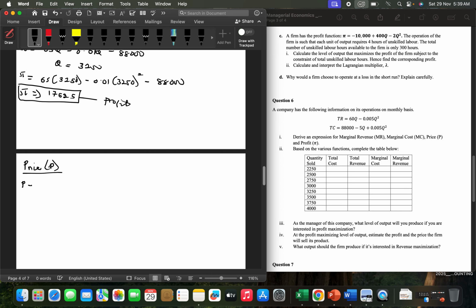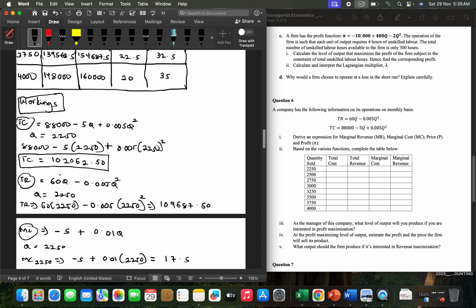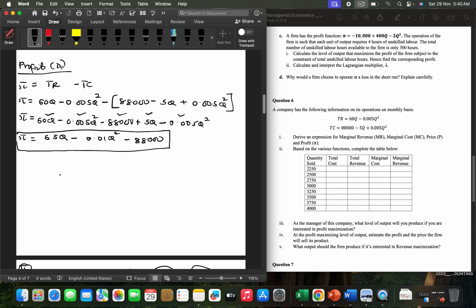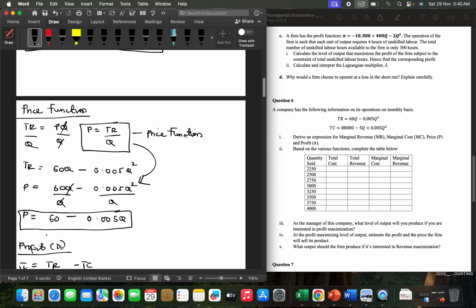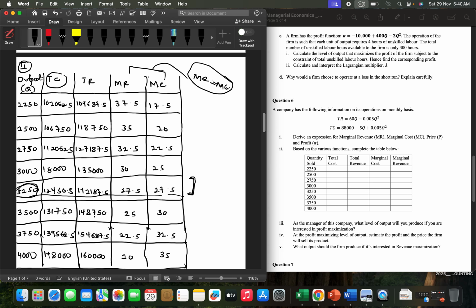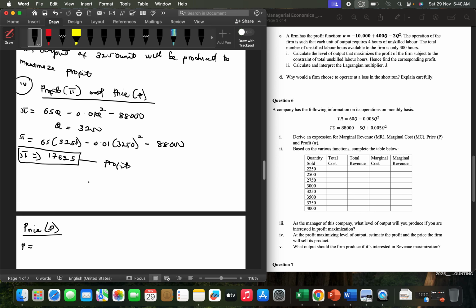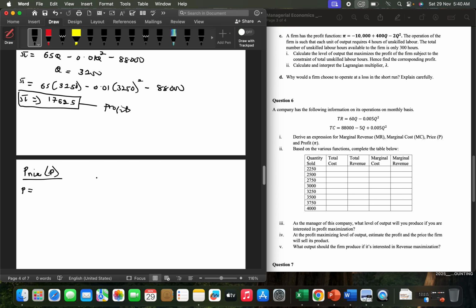We already have our price function from the beginning of the question. Our price function was 60 minus 0.005 Q, where Q is equal to 3250.